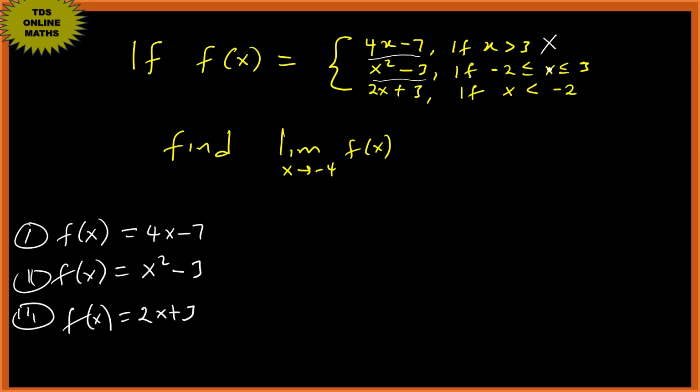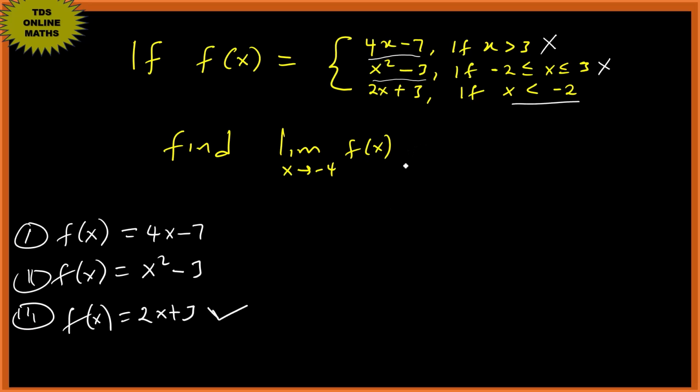X lies between negative 2 to 3. So negative 4 is outside the range. But for this, x is less than minus 2. So we have minus 3, minus 4. So negative 4 is in this. Therefore, 2x plus 3, this one is the function.